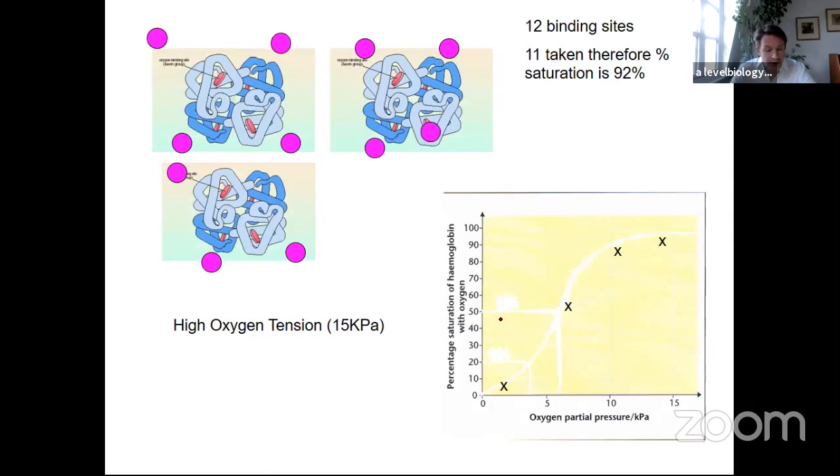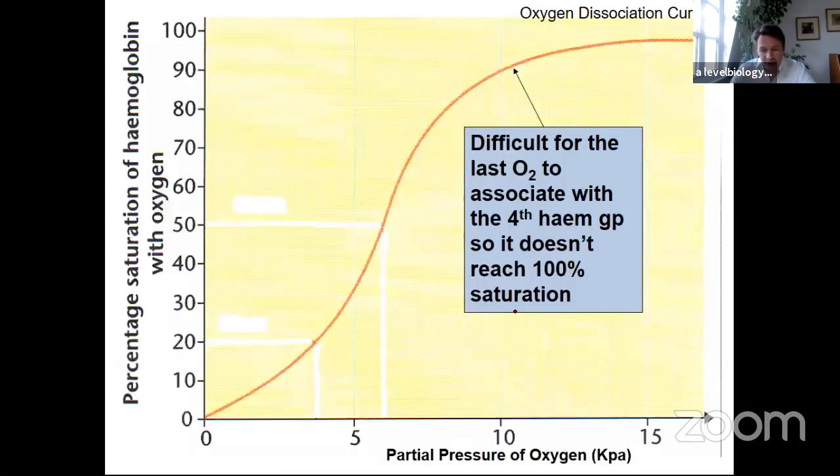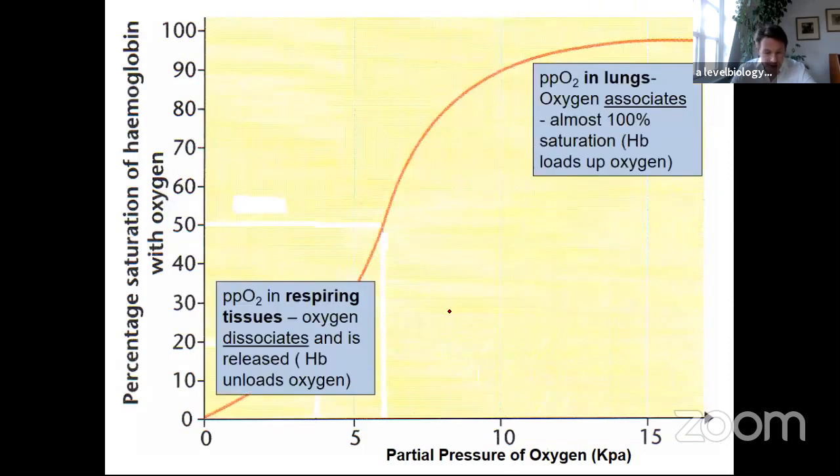So this is the final one, high oxygen partial pressures, we'd have it almost all bound. Right, talked about that. Now, remember in the lungs, the oxygen associates with the hemoglobin because it loads up, so it's almost 100% saturation, whereas in the respiring tissues, the oxygen dissociates and is released.